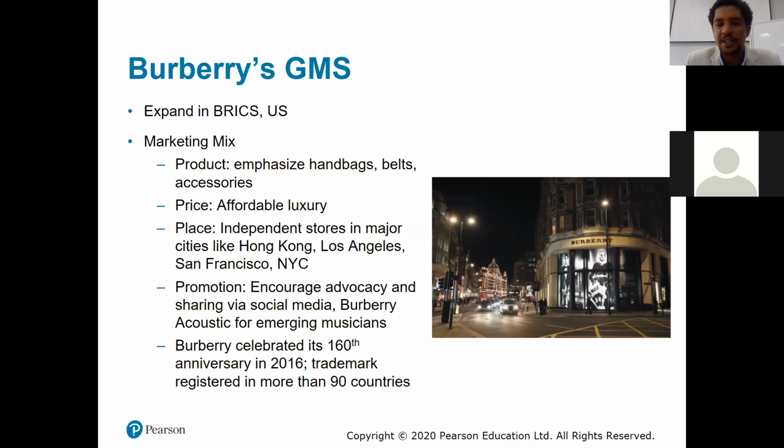On promotion, they encourage advocacy and sharing via social media, because social media is now very influential in promotion, and this brand uses social media to promote their products to their customers. So this is an international brand which is based in the UK, and it is using its 4Ps designed to compete and win in global markets.